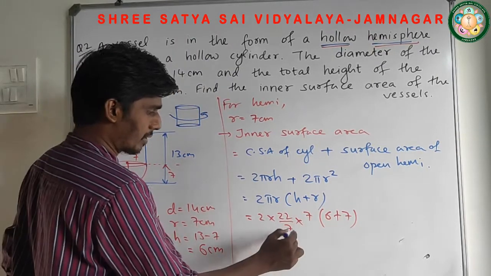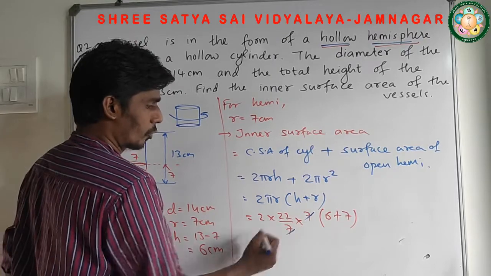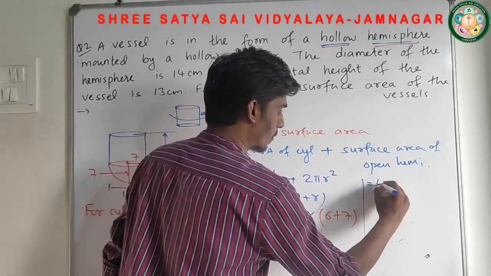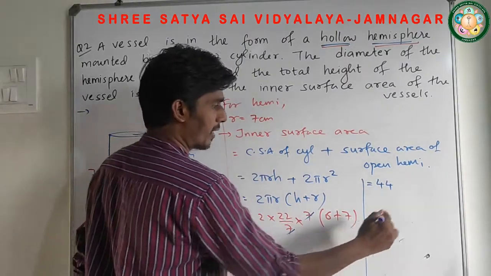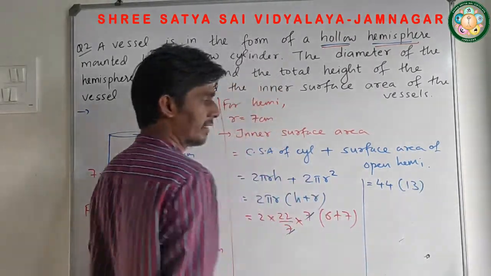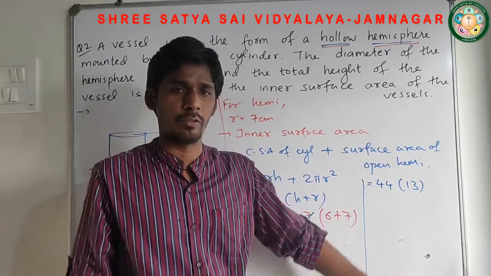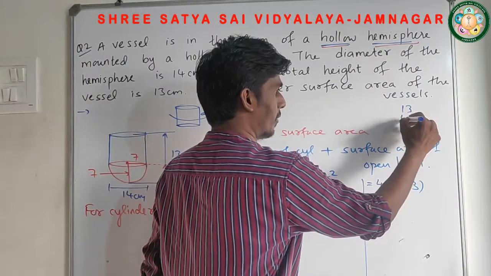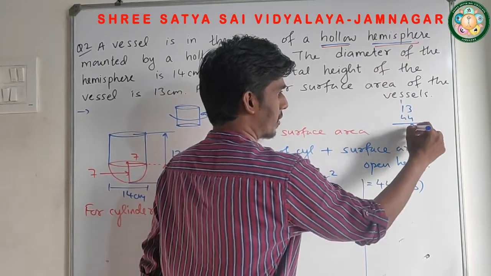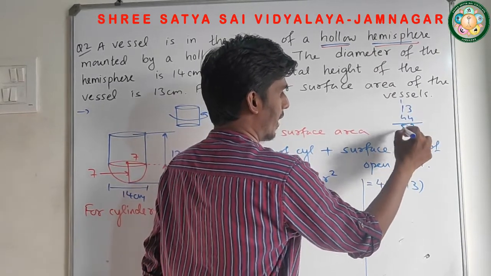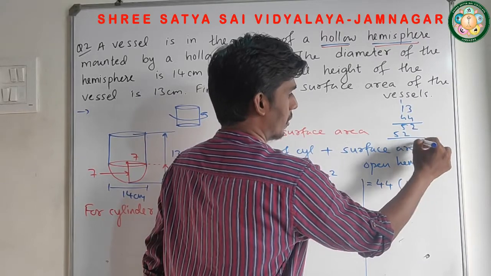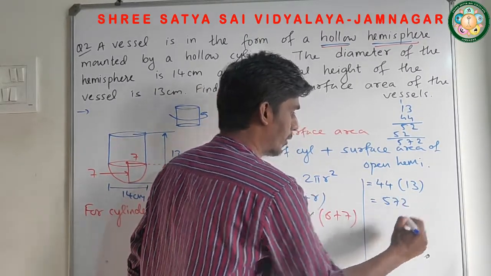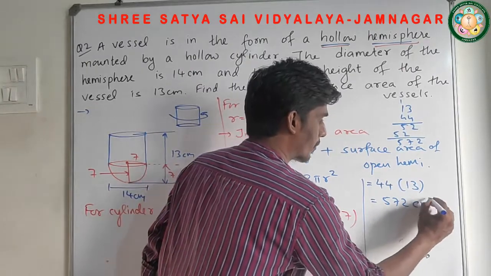Definitely this 7 and 7 get cancelled. 2 into 22 is 44. 6 plus 7 is 13. Now we have to multiply 44 into 13, which gives 572. So I got 572 centimeter square.